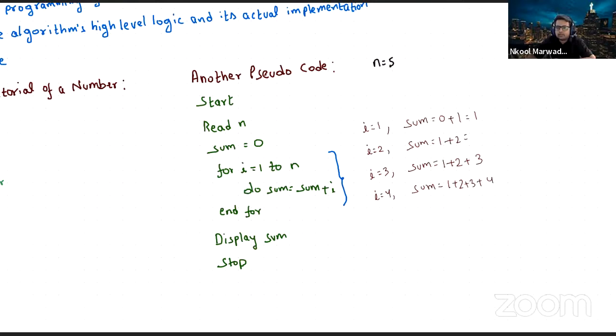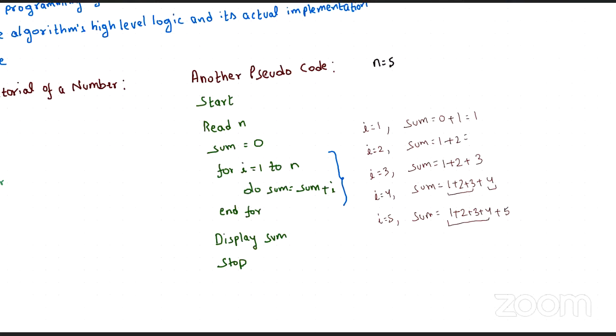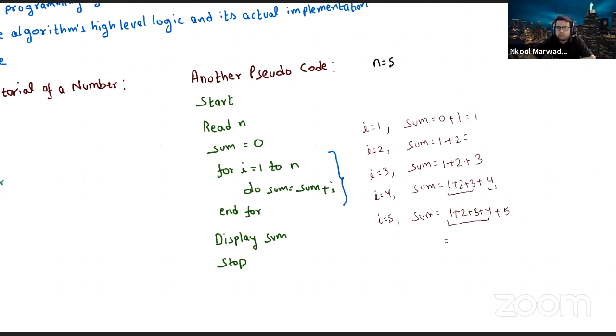This is the previous value, and this is the value of i. And when i is equal to 5, sum will become 1 plus 2 plus 3 plus 4, the previous value of sum, plus 5, so this will be equal to 15. So what will be displayed? 15 will be displayed, because the final value of the sum is what will be displayed. The final value of the sum is 15.